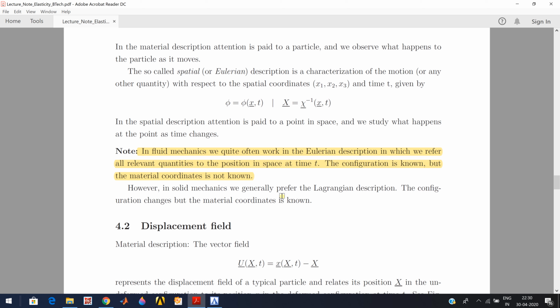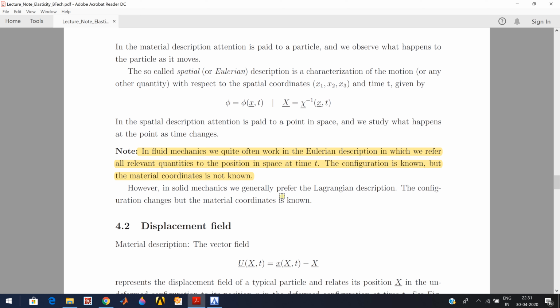But in solid mechanics, because we know the undeformed shape of a structure, your undeformed configuration is known. Now we can see what is happening as the structure deforms.